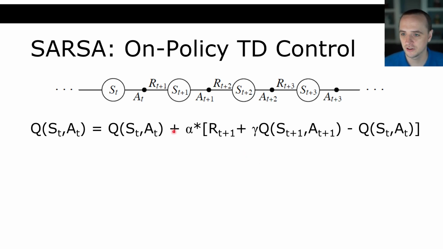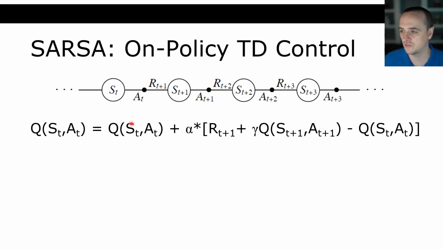And if we look, what values does SARSA take in order to update its value? Well, it's a state ST, an action, a reward, then the next state, and the next action. So SARSA, SARSA. That's how you can memorize the SARSA algorithm, if you just memorize the word SARSA, okay?